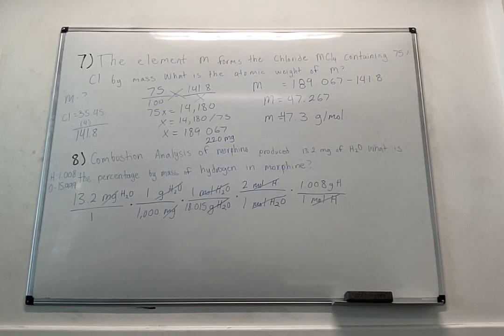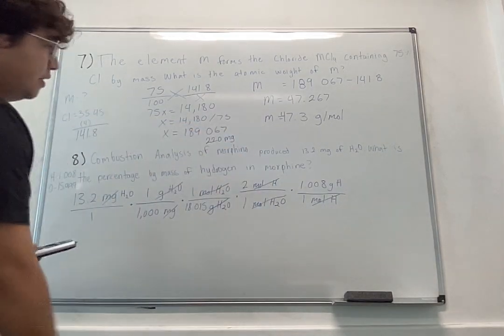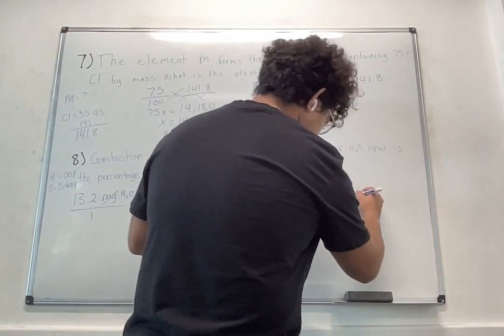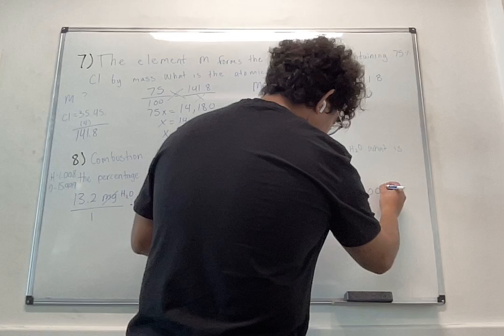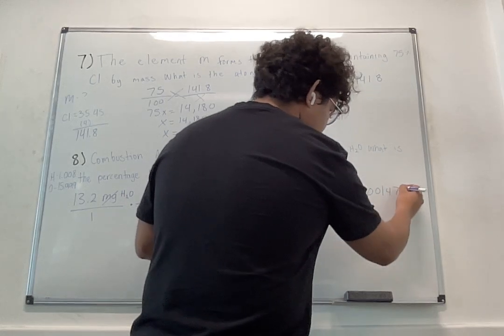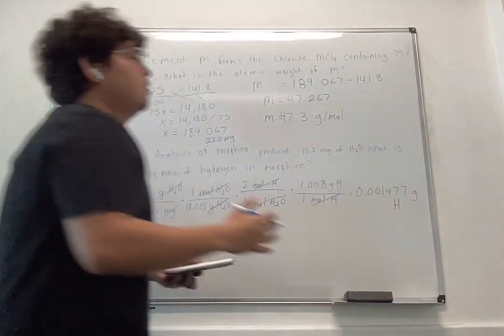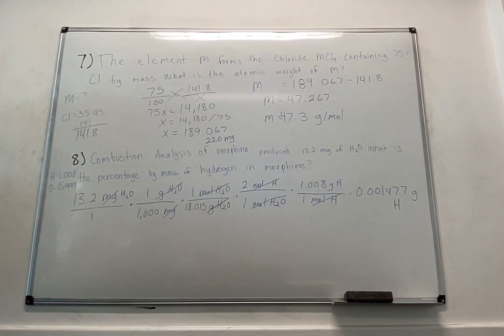And at the end, we've got 1.008 over 1, so we just multiply times 1.008. After you put all this in a calculator, you're going to end up with 0.001477 grams of hydrogen. So finally, we found the mass of hydrogen, which is what we've been after.